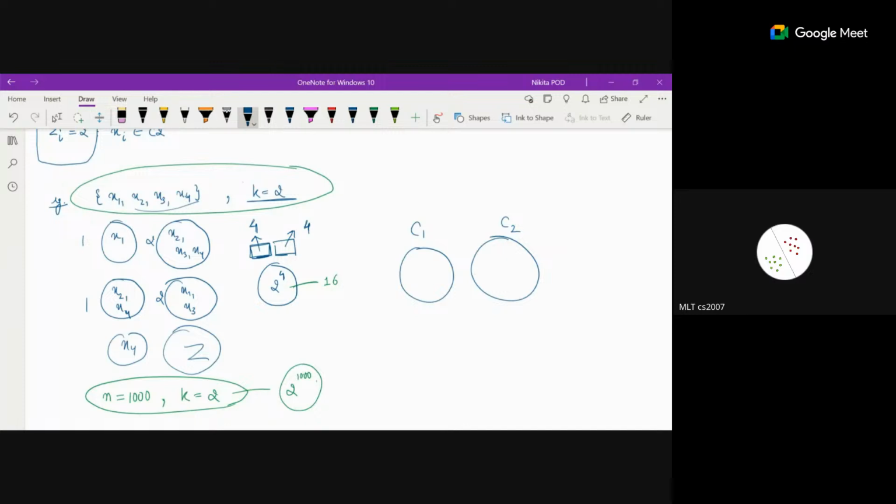Can anyone guess how we should decide which data point to go where? Yes, ma'am. What do you think? What can be the metric that we can use? First, initialization of centroid, and second, assign clusters. Initialization, centroid, and then assign clusters.